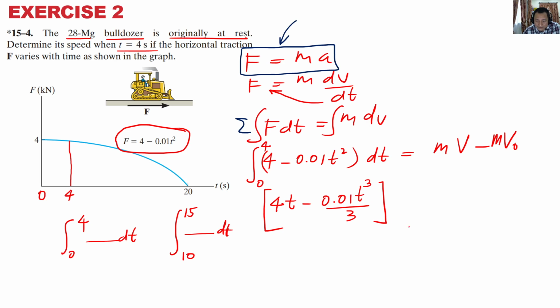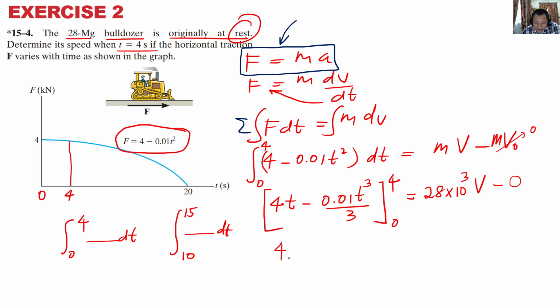Evaluate them from 0 until 4, equals mass 28 megagram, so 28 times 10 to the power of 3. Velocity you don't know. Originally at rest, so this one is gone. This one is 0. Okay, what else? Pretty much, that's it.